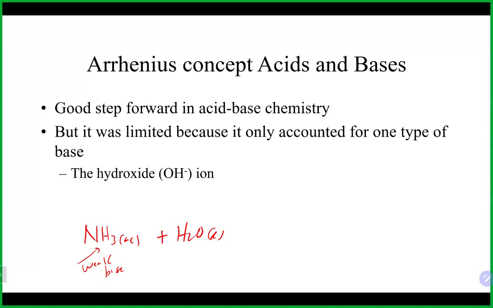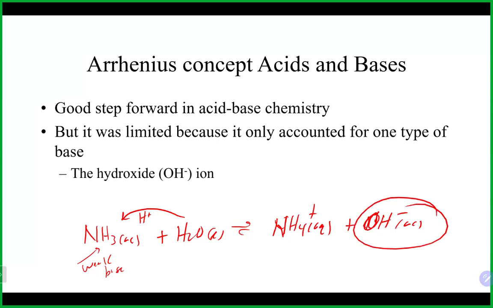In this particular case, the water will send an H plus over, and it will make NH4 plus, which is ammonium, and OH minus. It doesn't have hydroxide in the formula, but it's able to do a little reaction with water and actually produce hydroxide, which is why it's considered a base.